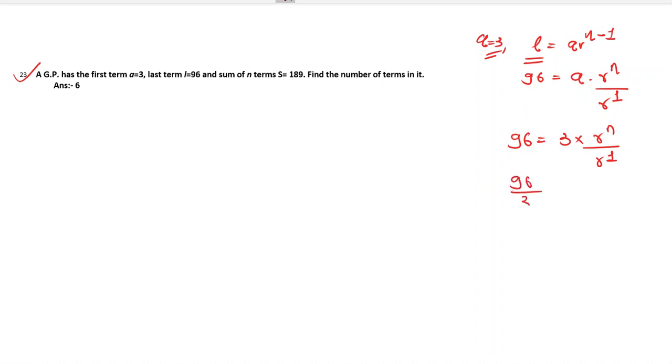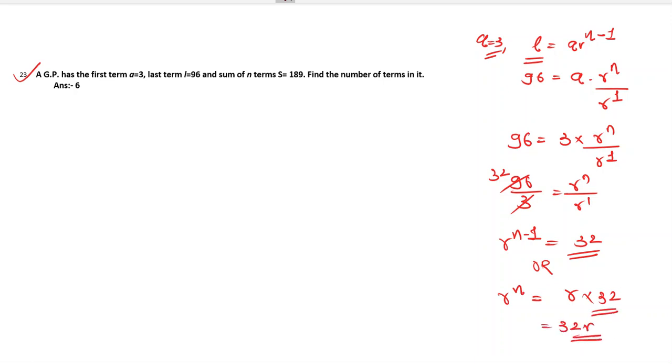96 divided by 3 is equal to r raised to n upon r raised to 1. 96 divided by 3 is 32. So r raised to n minus 1 is 32, or r raised to n is r into 32, 32r.